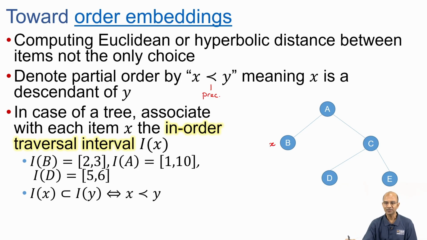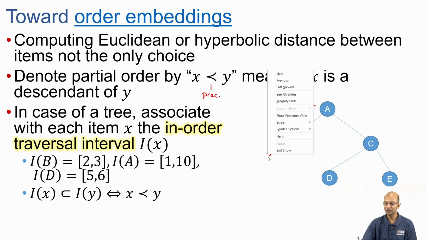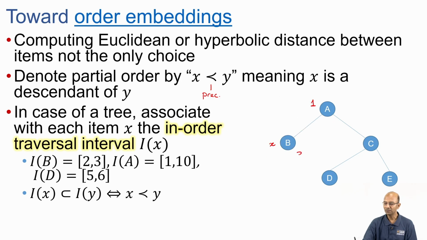We start the traversal at the root a, we enter a at time 1, we enter b at time 2, we exit b at time 3, we enter c at time 4, we enter d at time 5, we leave d at time 6, we enter e at time 7, leave e at time 8, leave c at time 9, leave a at time 10.